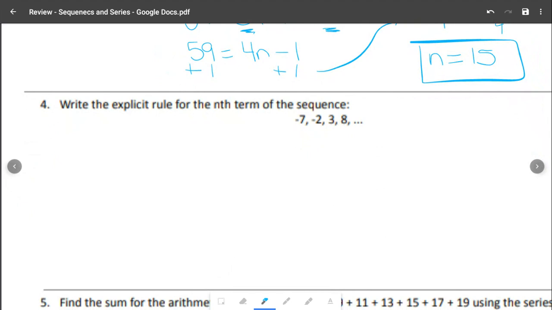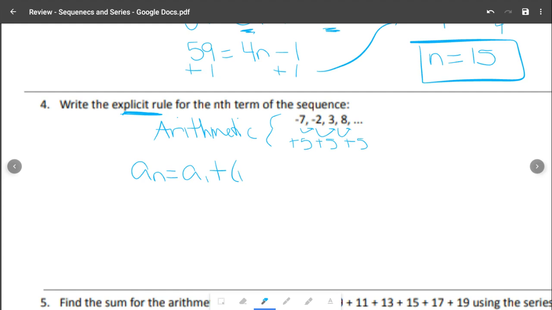Question 4, write the explicit rule for the nth term of the sequence. So looking at the numbers, the pattern, they are adding 5 each one. So because they're adding, it makes this arithmetic. They're saying it's explicit, so the formula from the first page for the arithmetic explicit is An equals A1 plus n minus 1 times d.